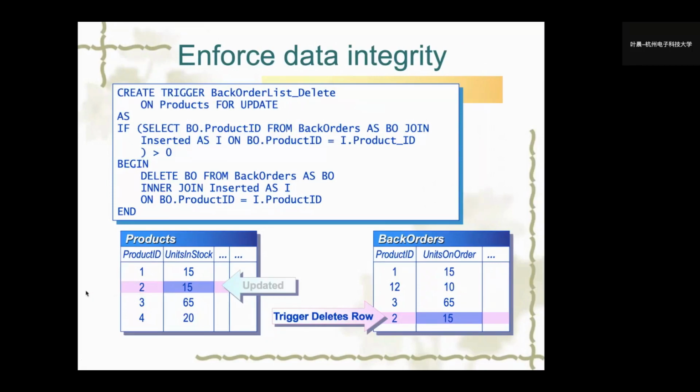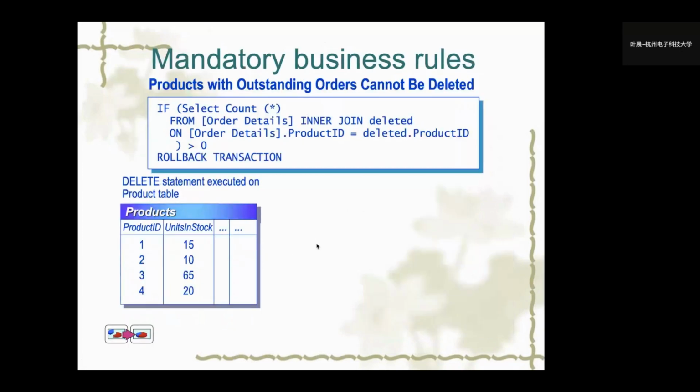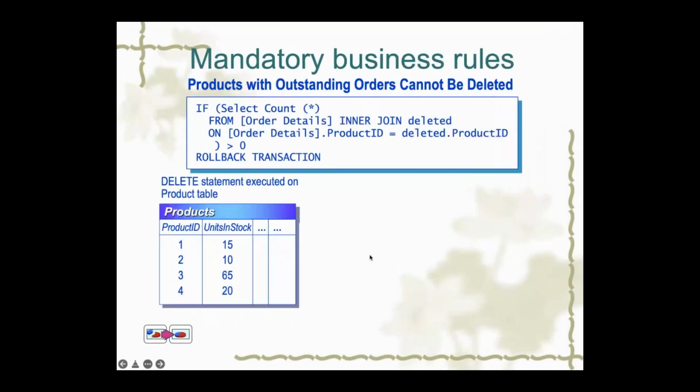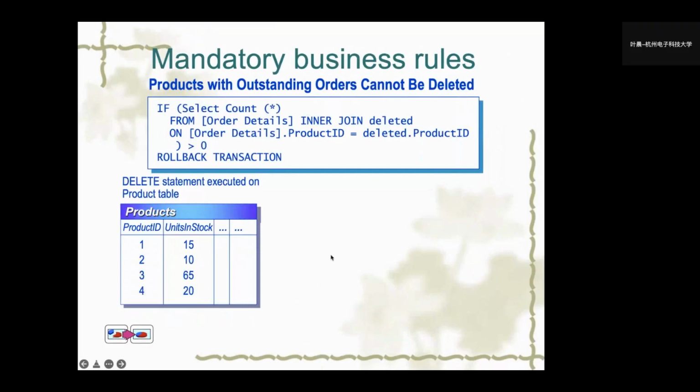If you update this tuple, then it will let you delete the corresponding tuples from the back orders. So this is also an example of a trigger for update. And you can use these triggers to reinforce these business rules.